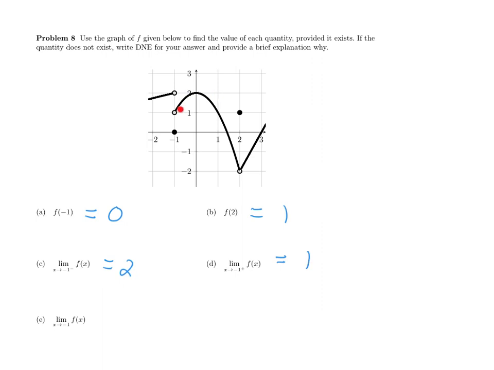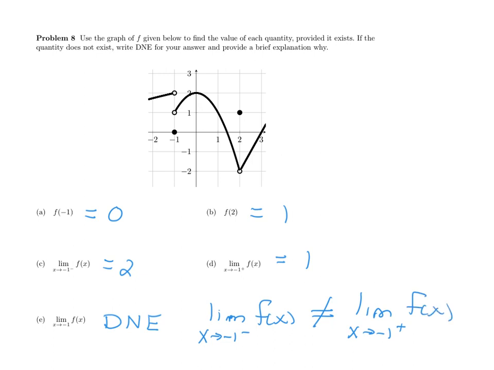From the right, it was 1. Can we define the limit as we approach -1 overall? And the answer is no. It does not exist because the limit as x approaches -1 from the left of our function is not equal to the limit as x approaches -1 from the right. No good.